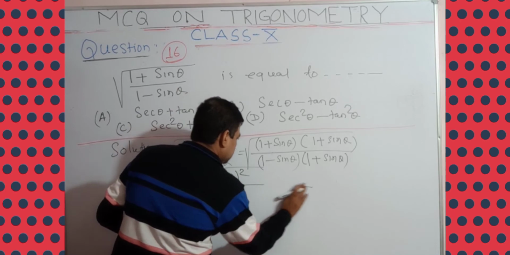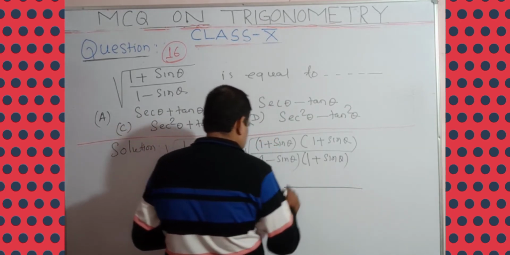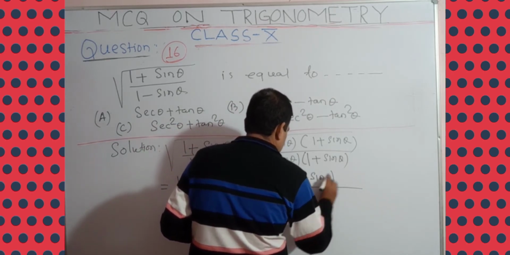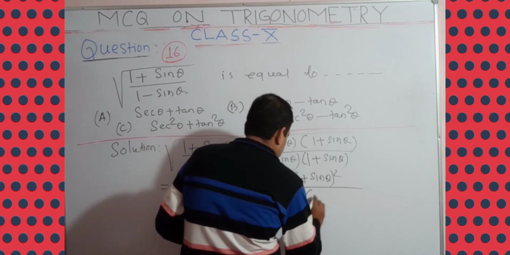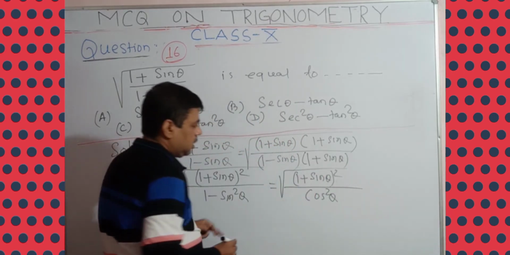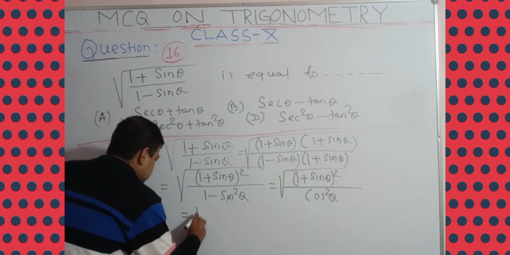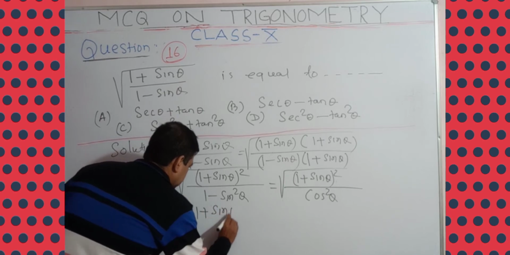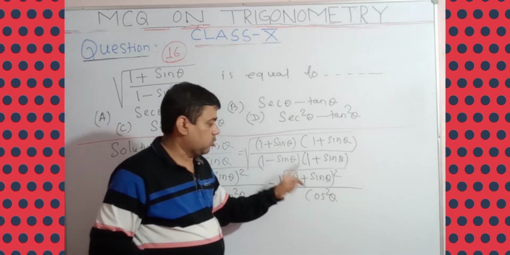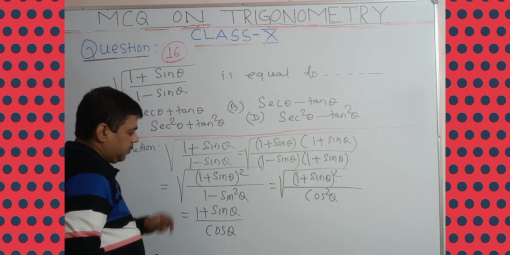Again you see 1 plus sin theta whole square, and 1 minus sin square theta is cos square theta, all of you know. So the square root of 1 plus sin theta whole square divided by cos square theta, the square root sign is there, it will be 1 plus sin theta by cos theta.